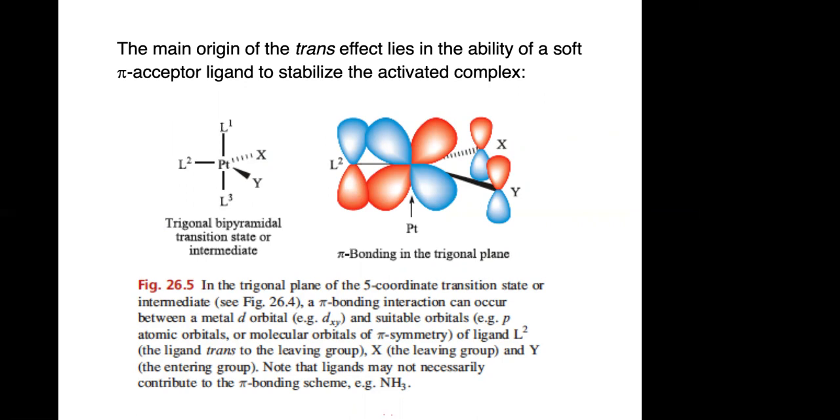So the pi acceptors can stabilize it, but pi donors can't. So could you go one more time? Yeah.